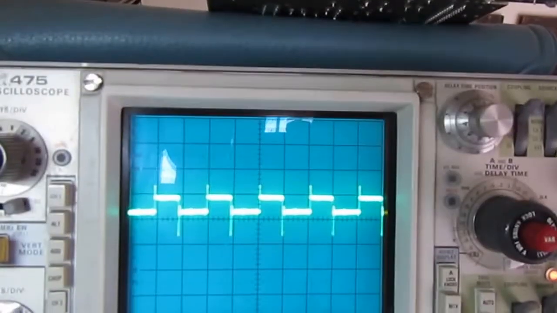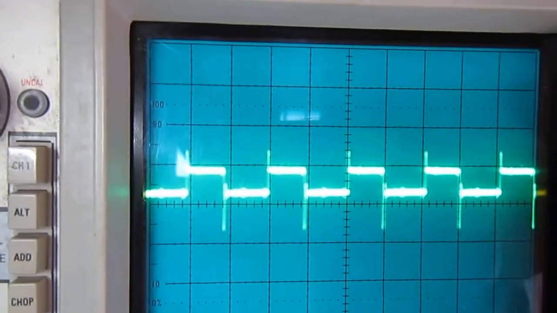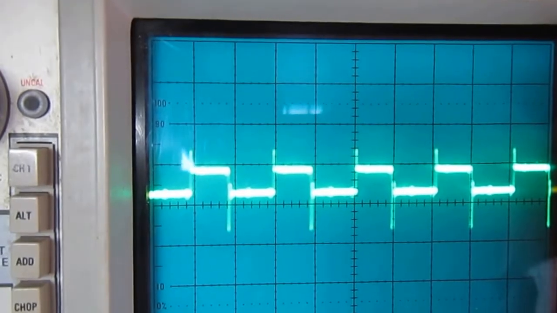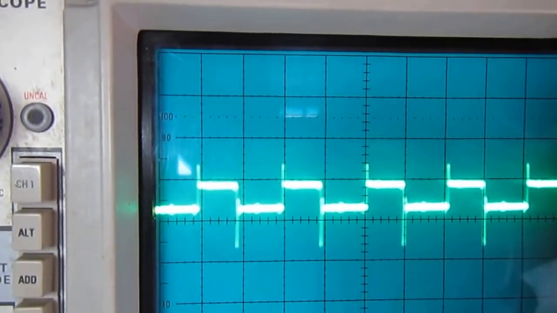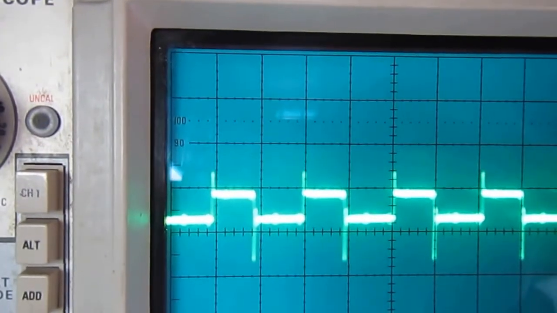This one is a bad signal. It is too low, not even 2 volts high. And you see the spike on transition, those are big current spikes.